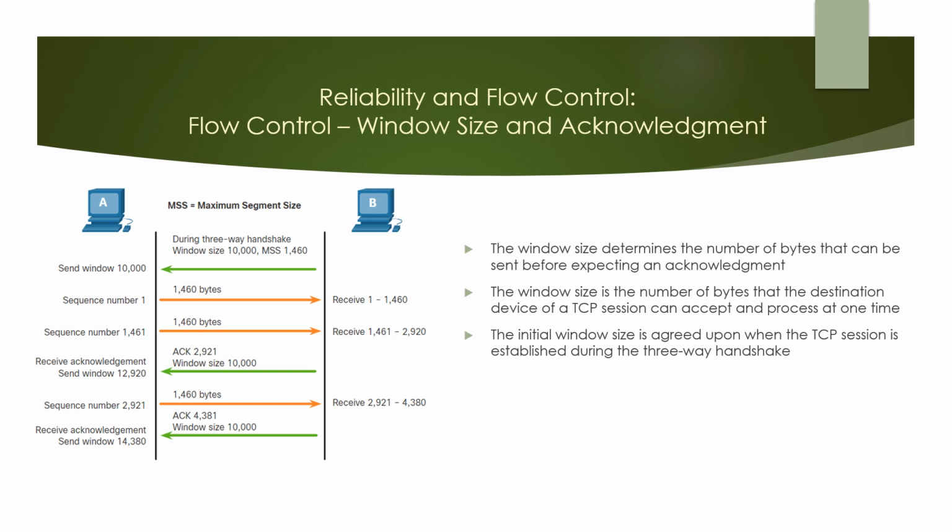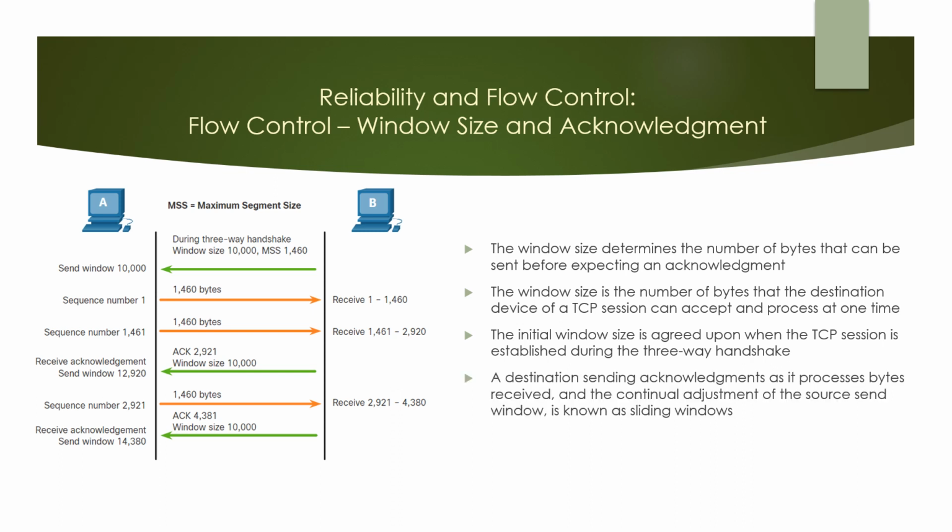PC A can now continue to send up to another 10,000 bytes to PC B as long as it does not send more than its new send window at 12,920. A destination sending acknowledgements as it processes data bytes received, and the continual adjustment of the source send window, is known as sliding window.